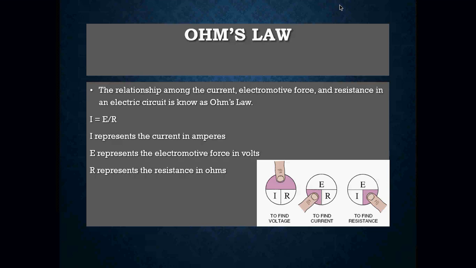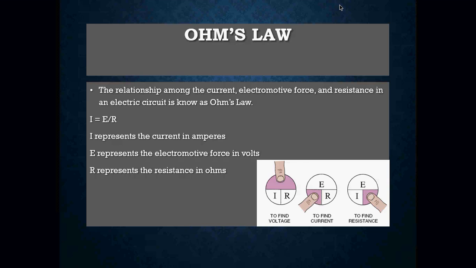The basic one that we always think about when we think about Ohm's Law is I equals E divided by R. The I stands for amperage, or impedance is another word for it. That's where the I comes from. The E in Ohm's Law stands for electromotive force, or better known as volts. R represents resistance, or ohms.